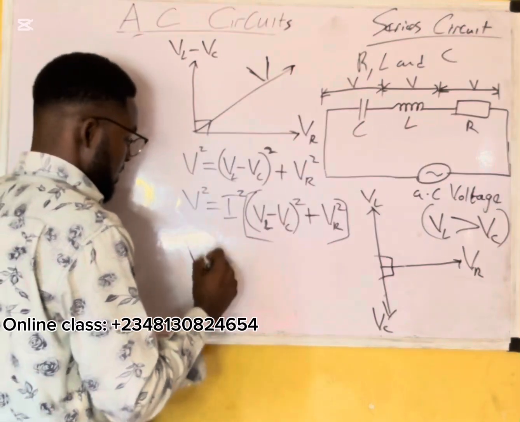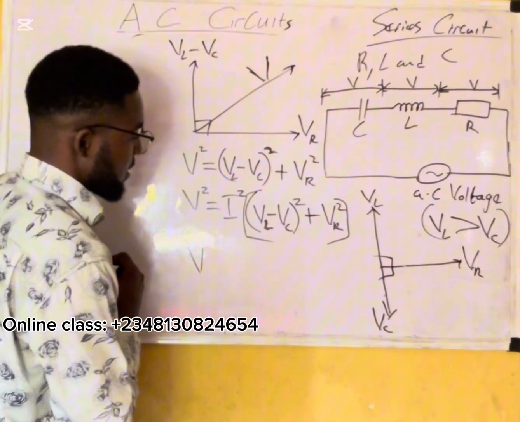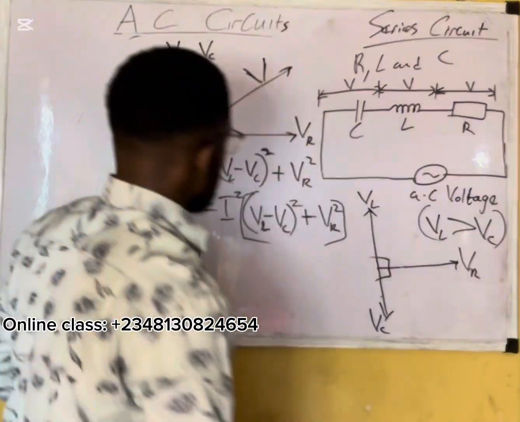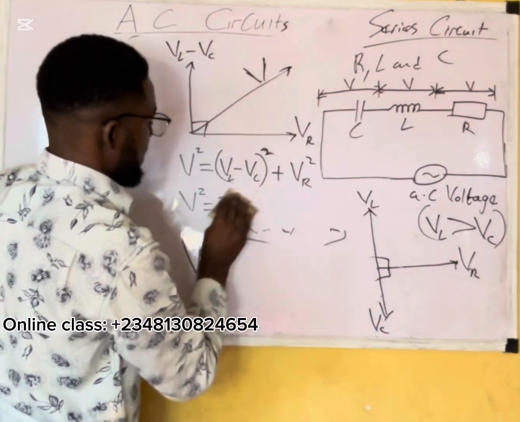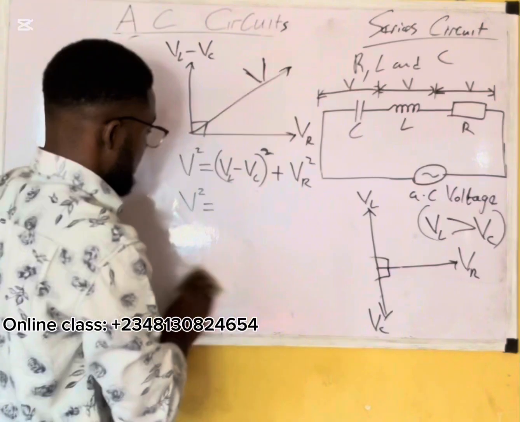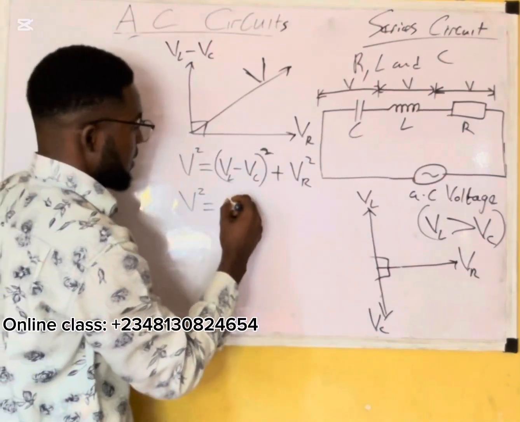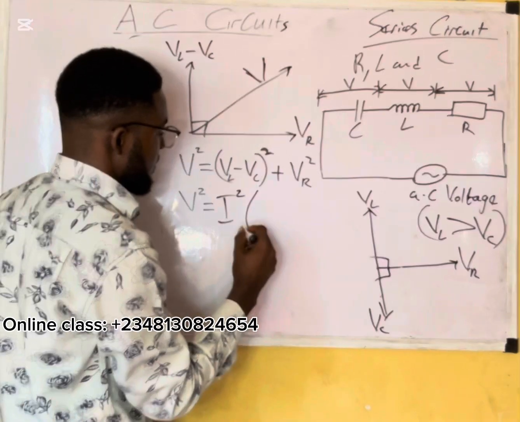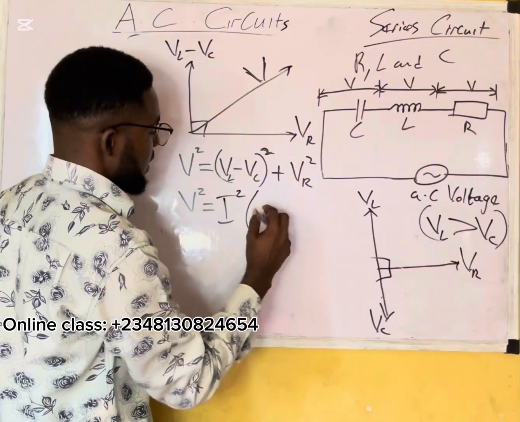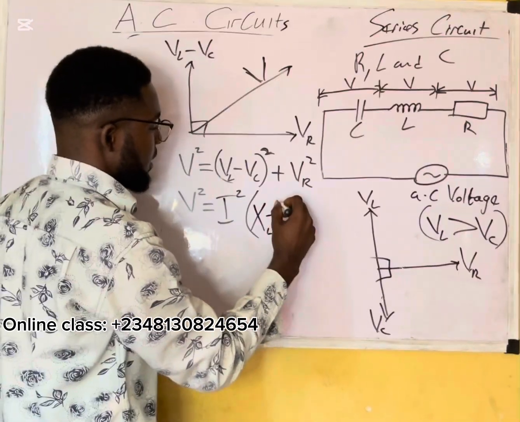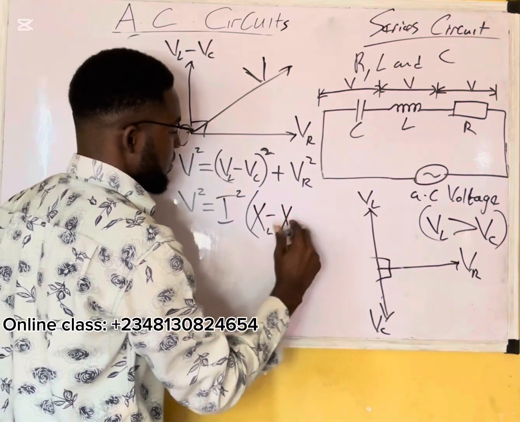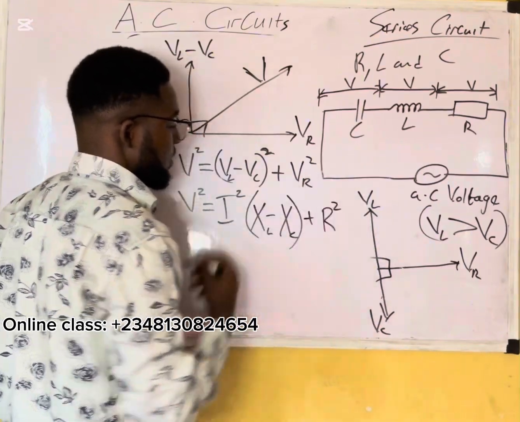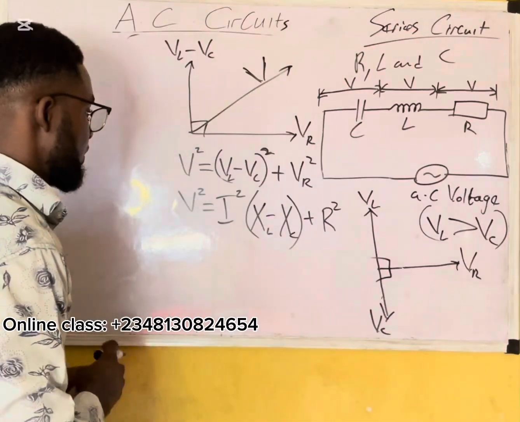Just evaluate. Converting them, this is I squared. All over here we have X subscript L minus X subscript C, squared, plus R to the power of 2.